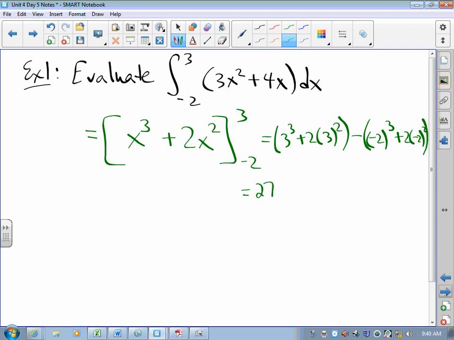So what's that? 27 plus 18 minus, this has got to be negative 8, minus 8. So those go away, 45. Every definite integral with an antiderivative in play will be evaluated exactly like this. Every one.